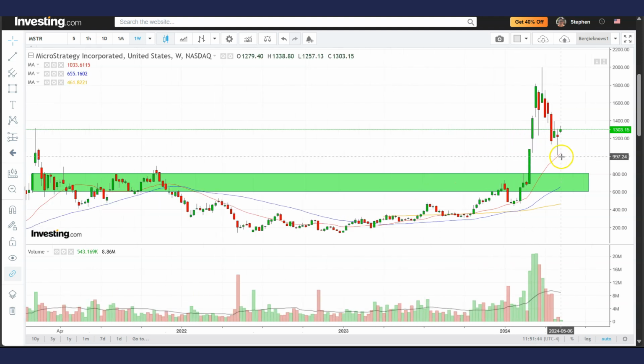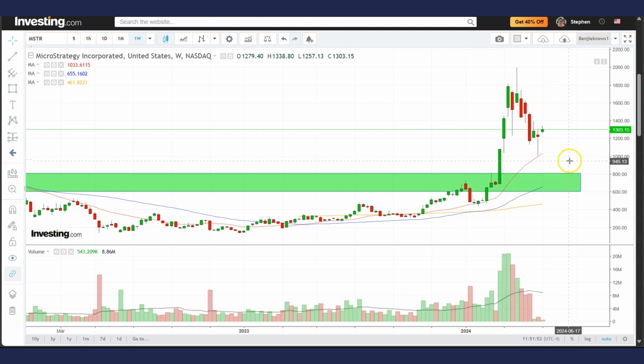and we will have to look at the next support area to determine whether the stock can find support here at 800. But if you look at Bitcoin, there's a high possibility that the stock has already found a low here, and what we want to do is to see the stock stabilize in this 1 or 2 weeks, and whether it can form a bottom and then move back higher.